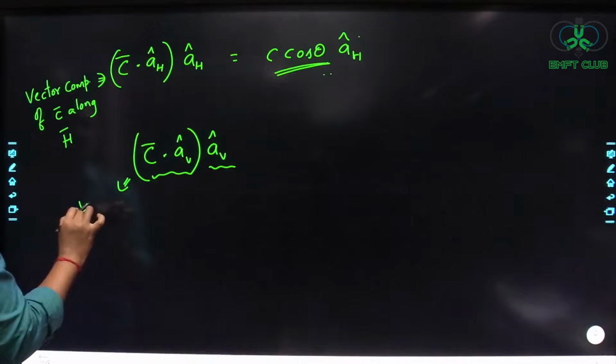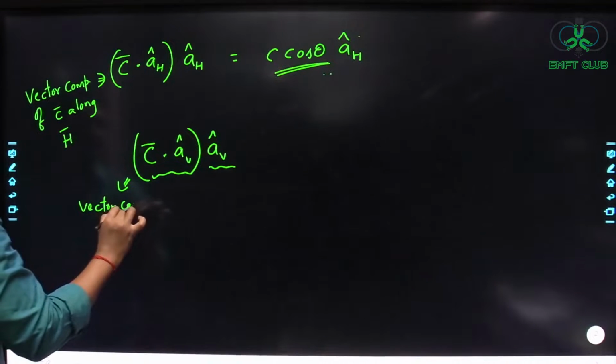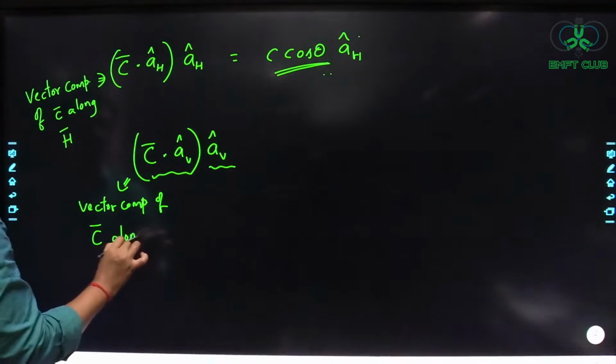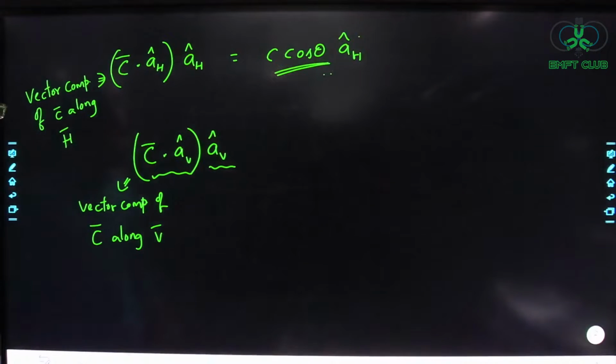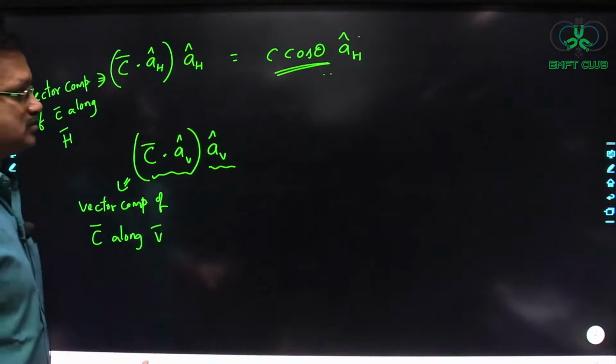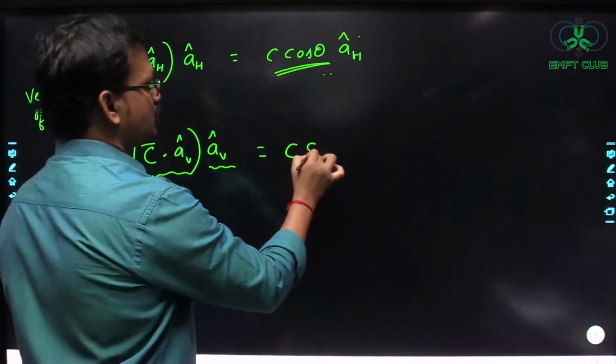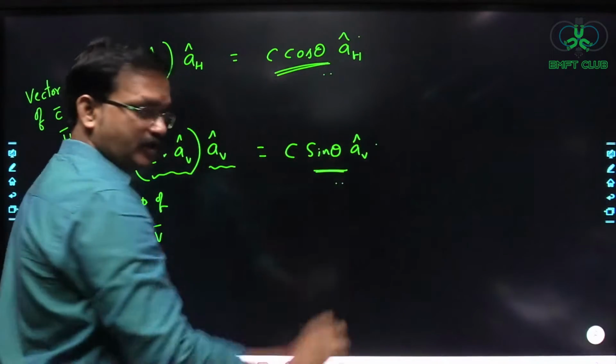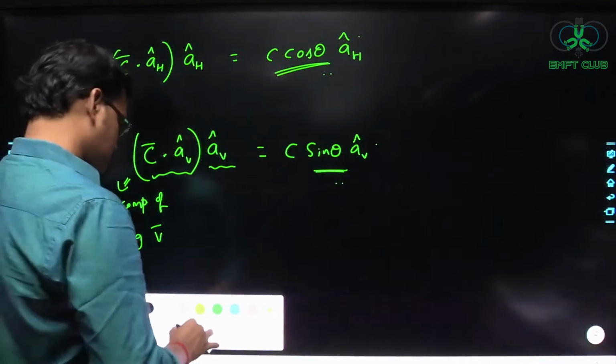This is called the vector component of c bar along v bar or along vertical axis. So what we got? c into sin theta a v cap, right?